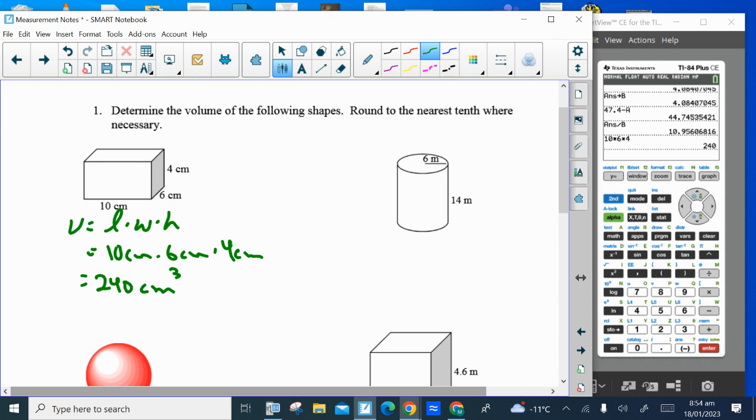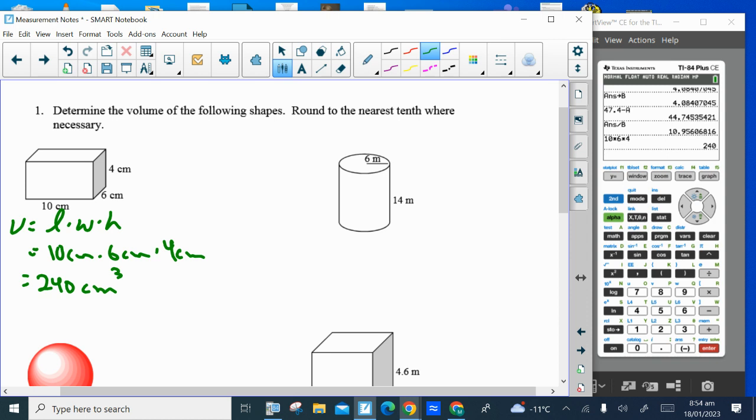Well, what this means is if you had small little boxes that measure 1 centimeter by 1 centimeter by 1 centimeter, 1 centimeter long, 1 centimeter wide, 1 centimeter high, it would take 240 of them to fill that up completely. That's what it means.